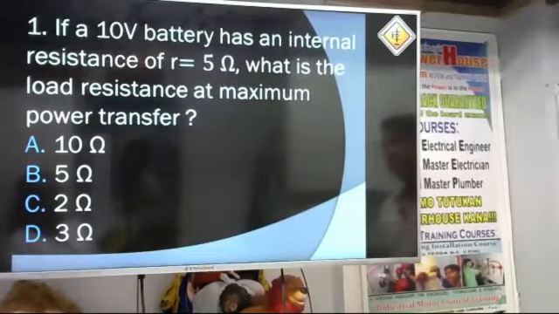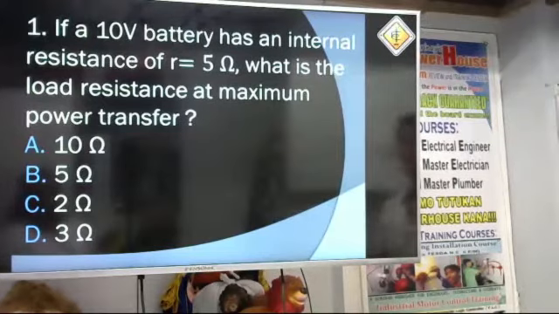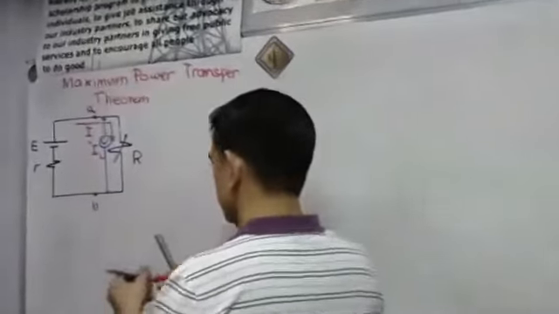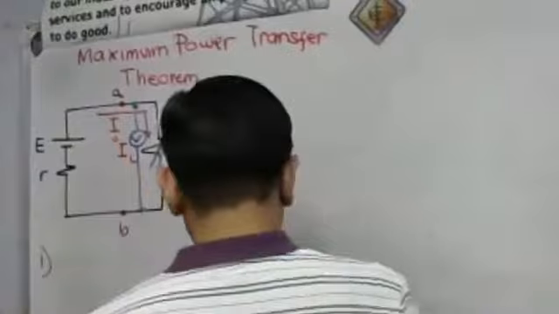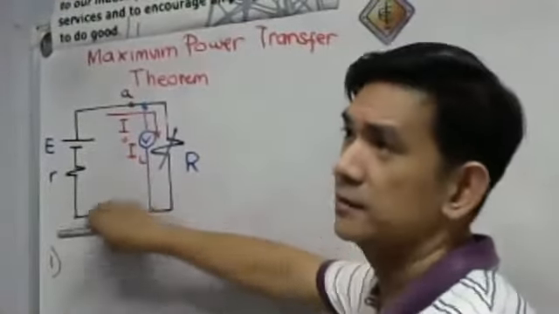If a 10 volts battery has an internal resistance of 5 ohms, what is the load resistance at maximum power transfer? Let us note the circuit is just the same as this circuit.